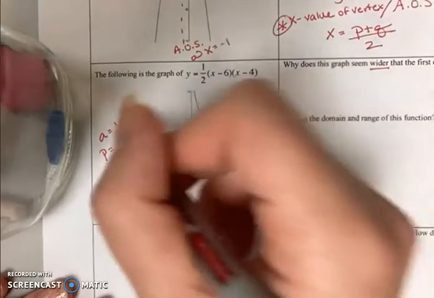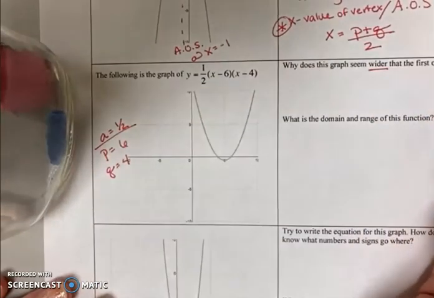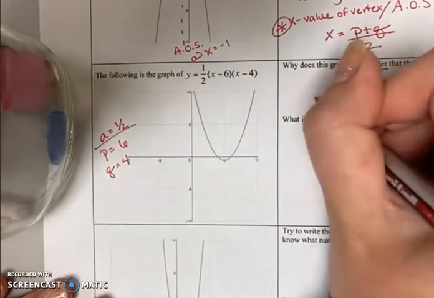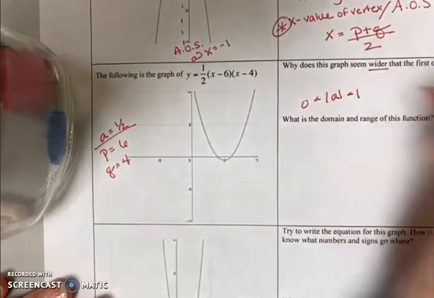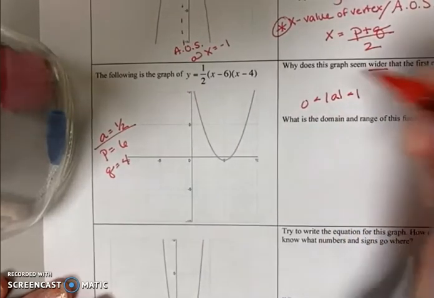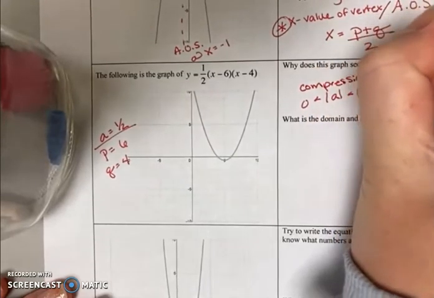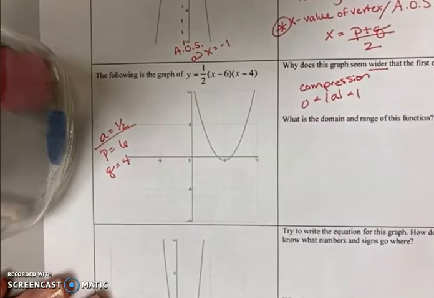Or you could just look at the a value. In this case, a is between 0 and 1, which should indicate to you that it is a compression. If a was greater than 1, it would have been a stretch, or it would have become more narrow.